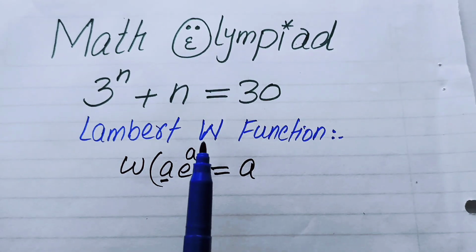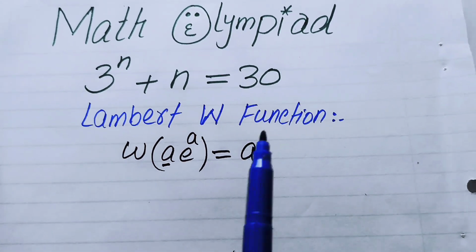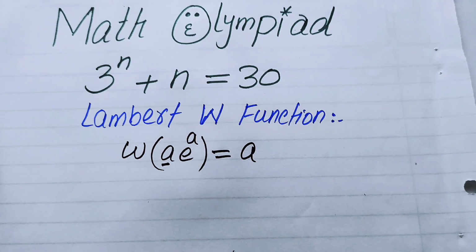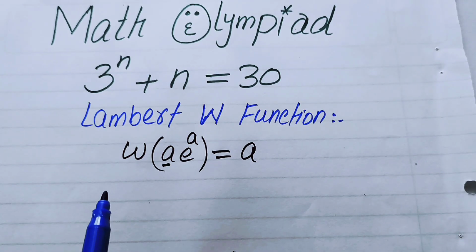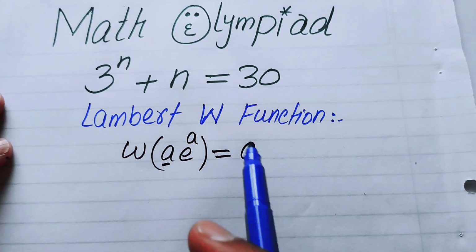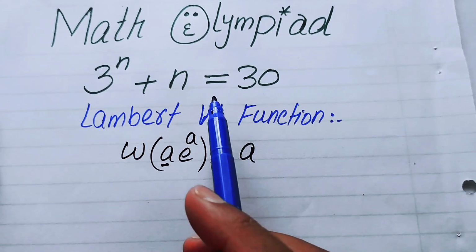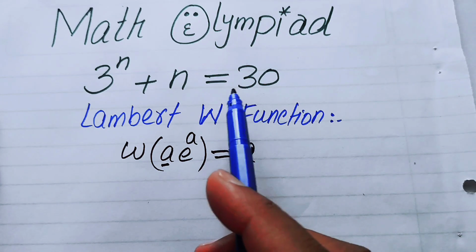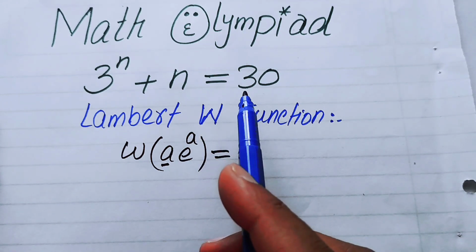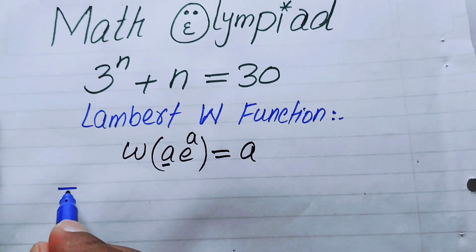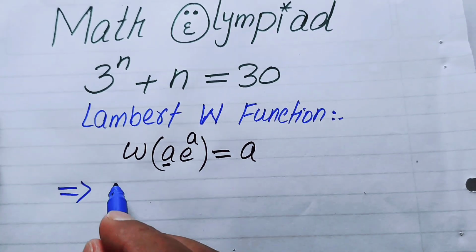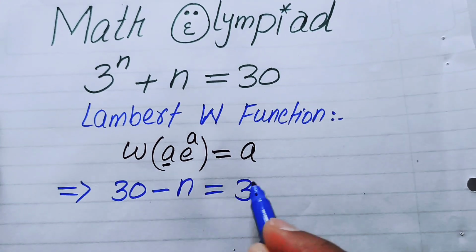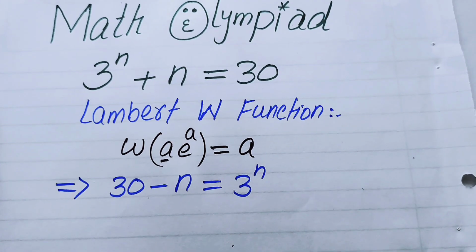First I can convert this statement into the Lambert W form. The very first thing we are going to do is move n to the right hand side, and here you obtain 30 minus n is equal to 3 to the power of n.